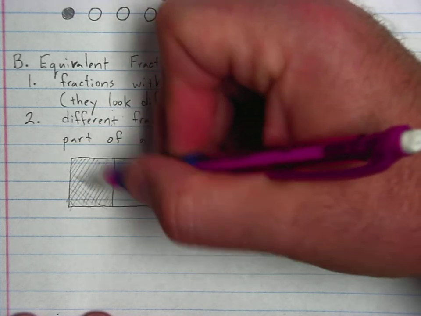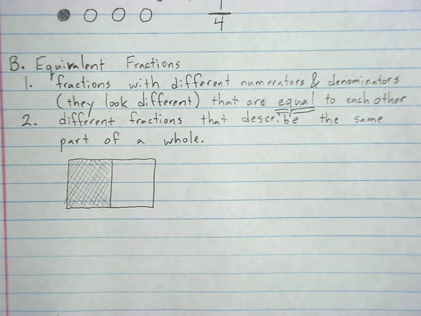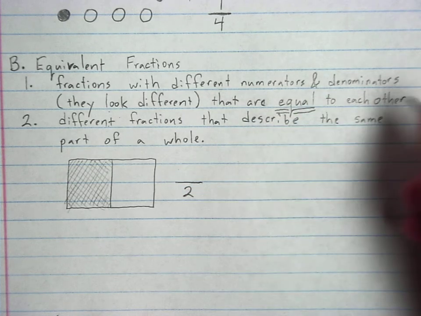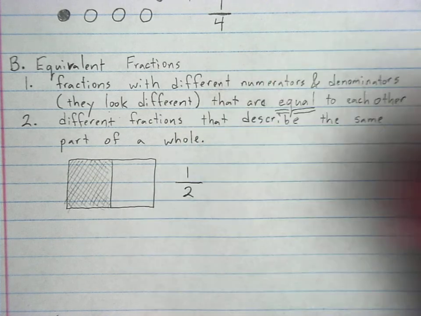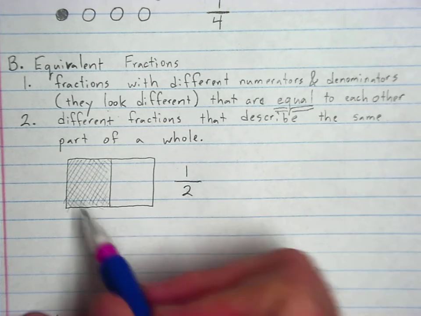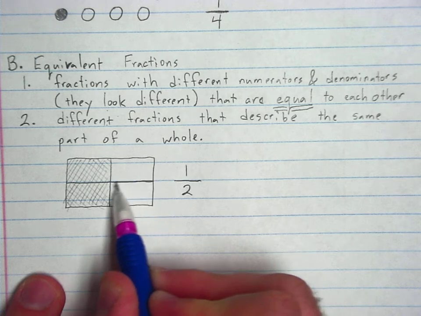We'll do some of that lovely cross-hatching. I know how much you all love it. There we go. Okay. I think most of us can identify that fraction. There are two pieces total in the whole. I shaded in one of them. Okay. This is 1/2. But what happens if I slice it again?